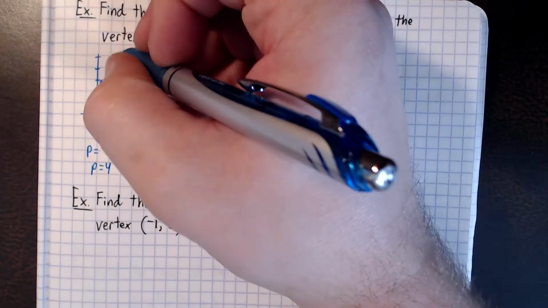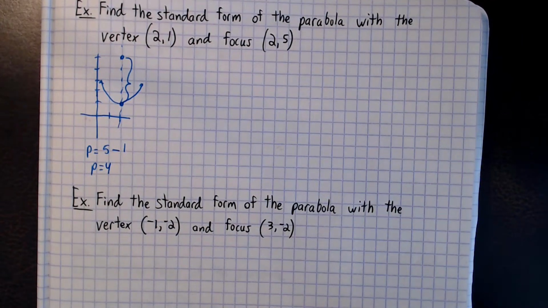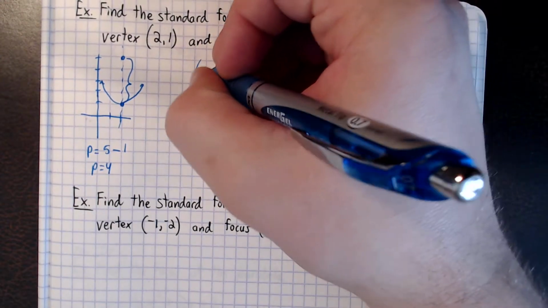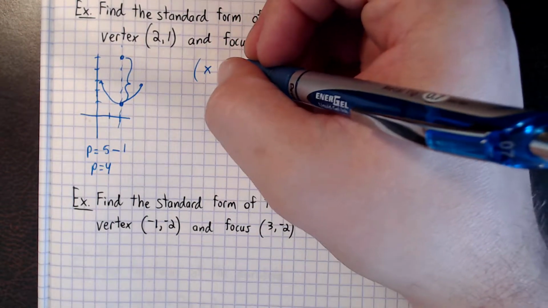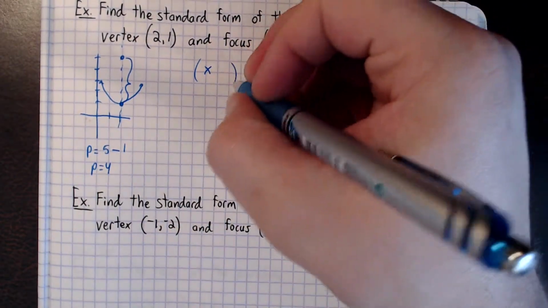Because now I also know that I have an axis that's vertical. So vertical axis means that we're using x minus h on the squared side.